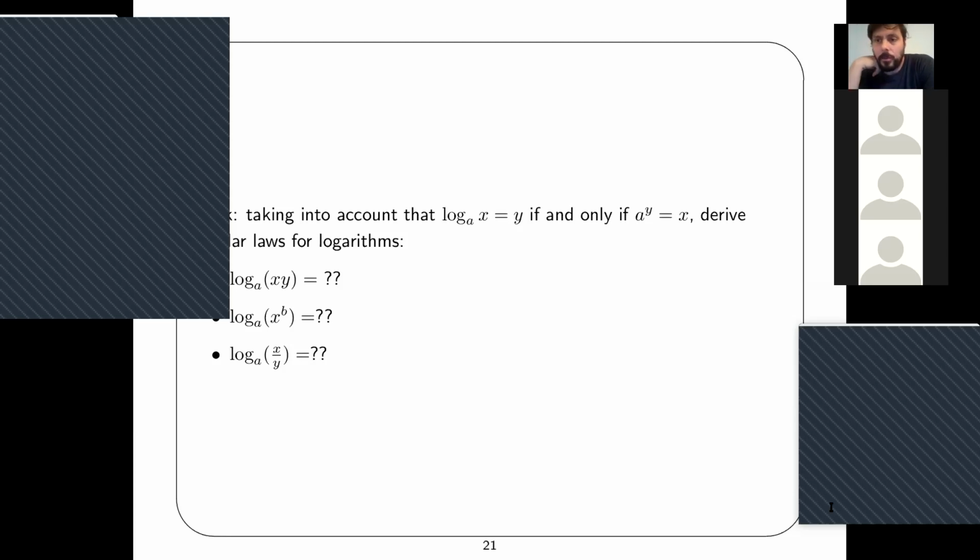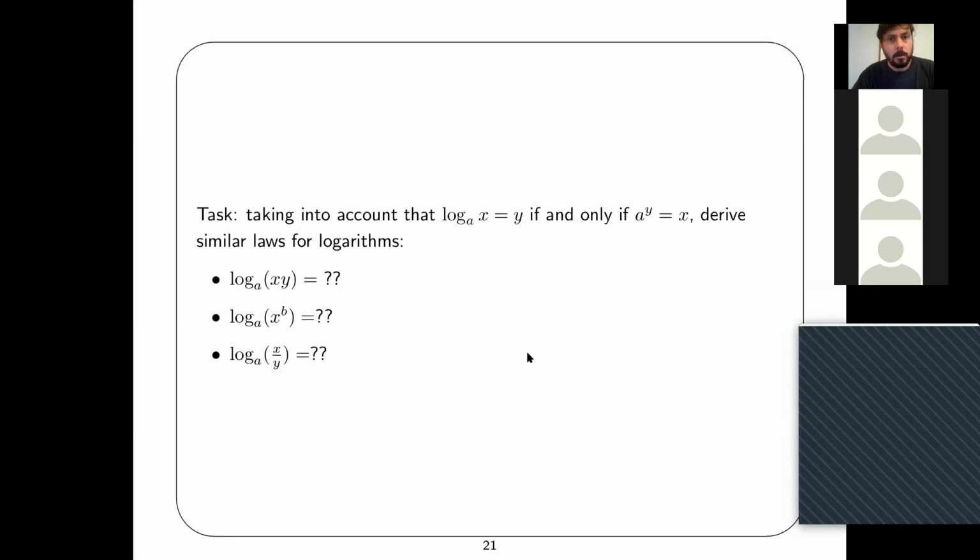I'm sure that many of you remember what the rule is here, right? If you take the log of xy, we know that that's actually the log of x plus the log of y.